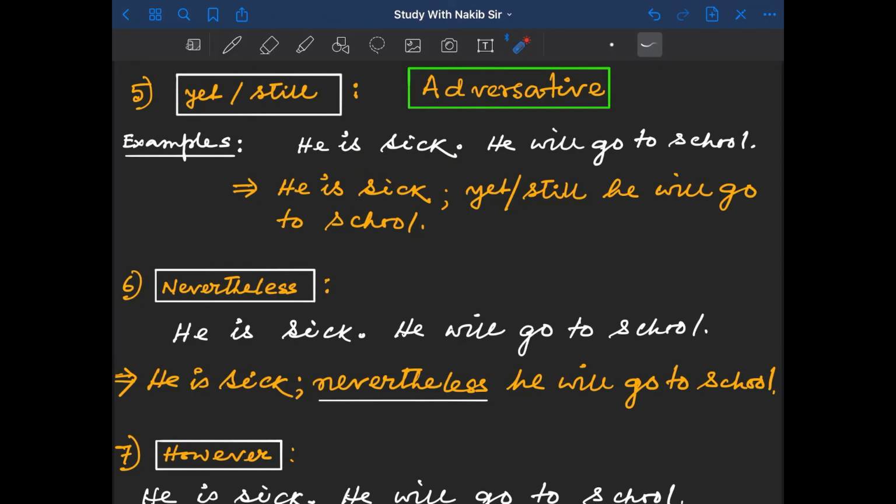If you get this type of sentences, combine the sentences this way. See, he is sick, semicolon, yet or still he will go to school. This way you can combine. Okay. So your combined sentence is he is sick, yet or still he will go to school.